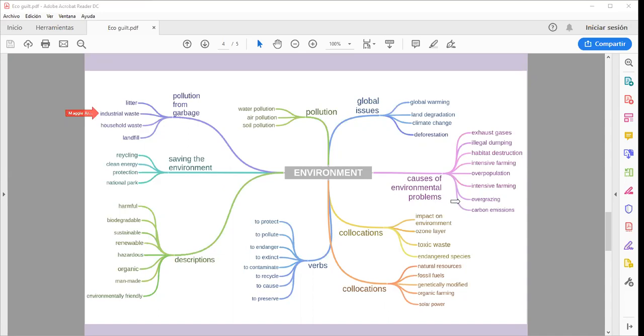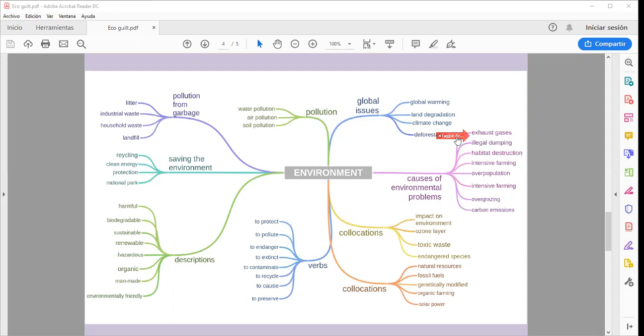You were talking about gases. Look at this: carbon emissions, exhaust gases. Here we have a lot of vocabulary that can be very useful.